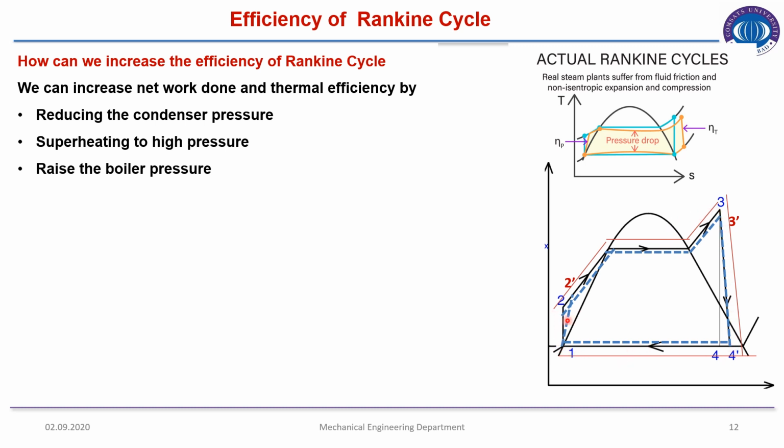On the left hand side it comprises the pump. On the top this is a boiler, on the right this is a turbine, and on the bottom that is a condenser. This is a low pressure line that is represented in the pink color. So the first method to increase the efficiency is reducing the condenser pressure.